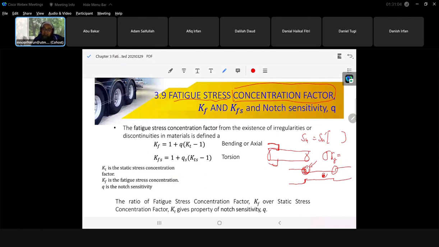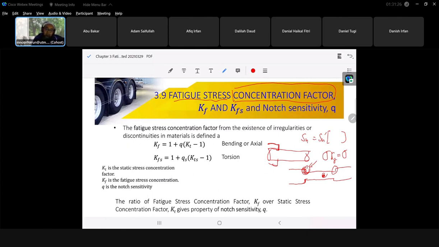This is not unreal, but that is before multiplying with the corrected factor. This is the real one, means after multiplying with the concentration factor. So now we learn what is the concentration factor.